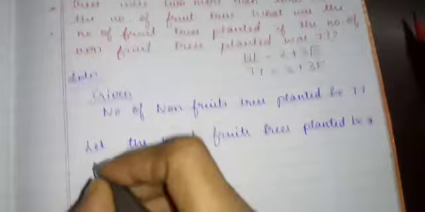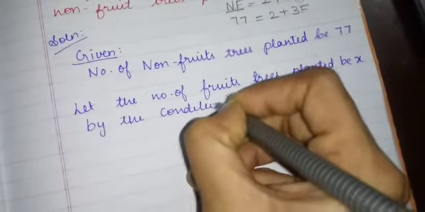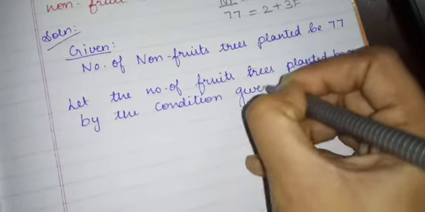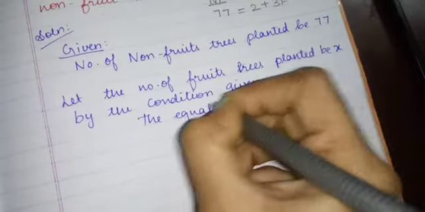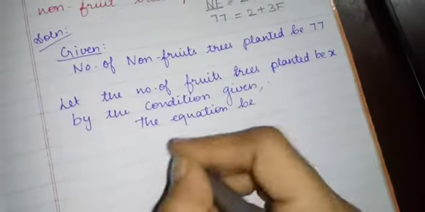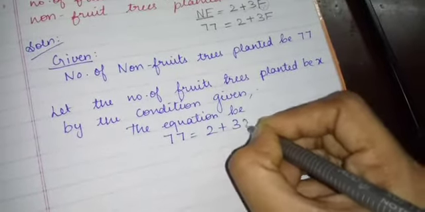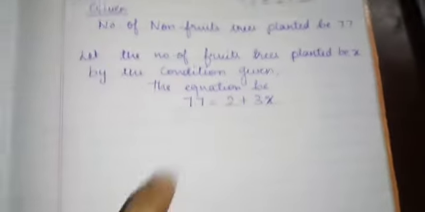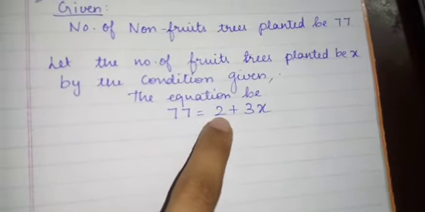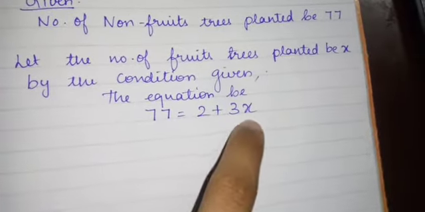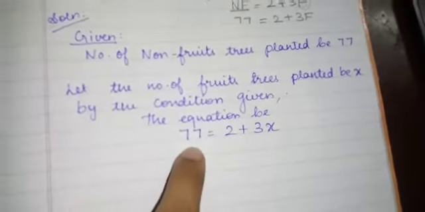Okay, children. By the given condition, the equation will be 77 is equal to 2 plus 3 into x. Okay, because what they are saying is the number of non-fruit trees is equal to 2 more than 3 times the fruit trees. Fruit trees is x, non-fruit trees is 77.